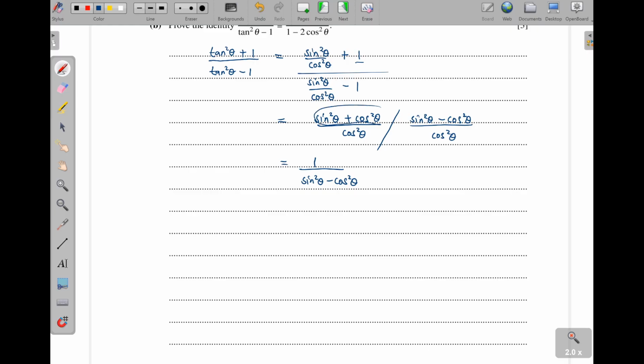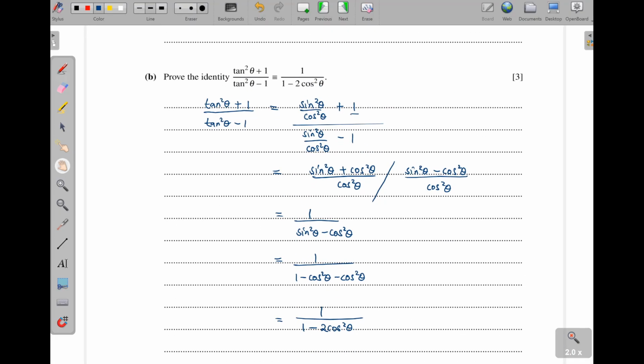So in terms of cosine, sine squared theta is going to be 1 minus cos squared theta. Then there is also this cos squared theta, and the answer becomes 1 over 1 minus 2 cos squared theta. And that's exactly what they have told us to prove here.